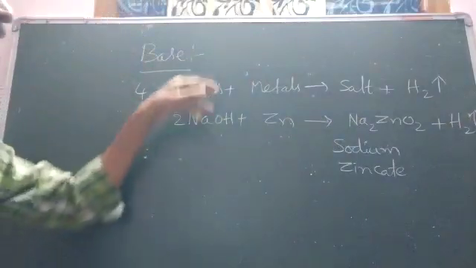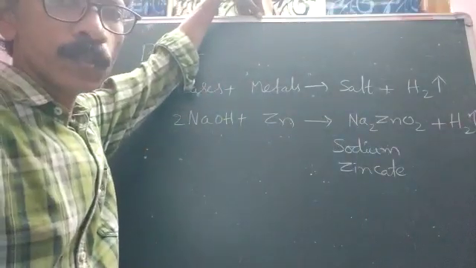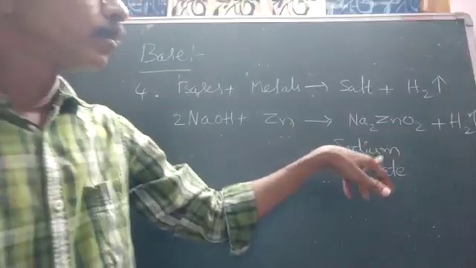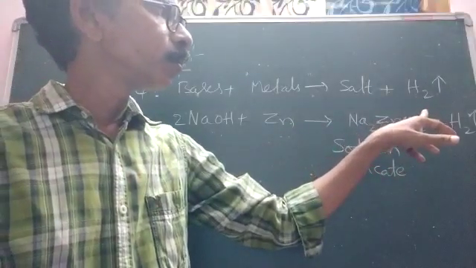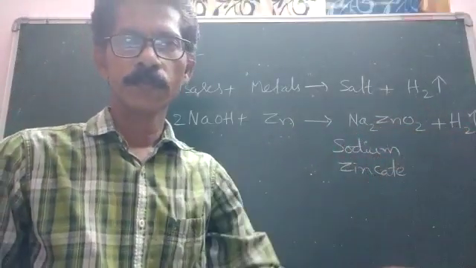So when bases combine with metals like zinc, they form salt and liberate hydrogen gas.